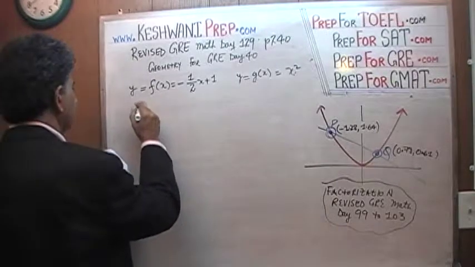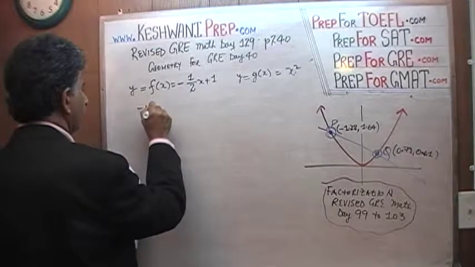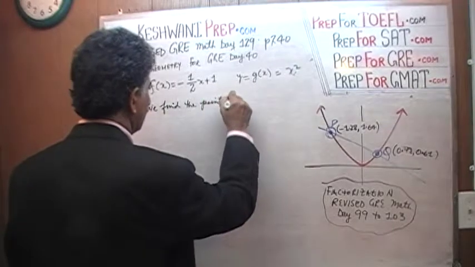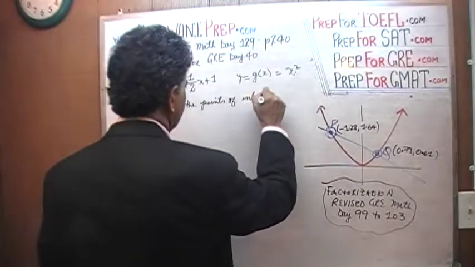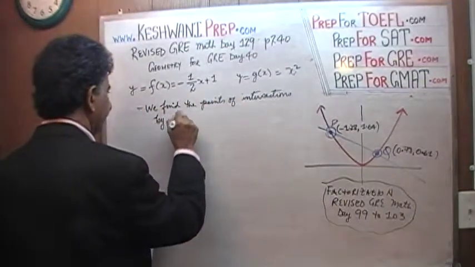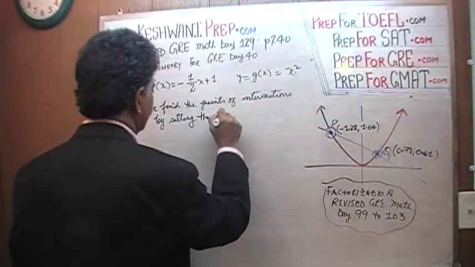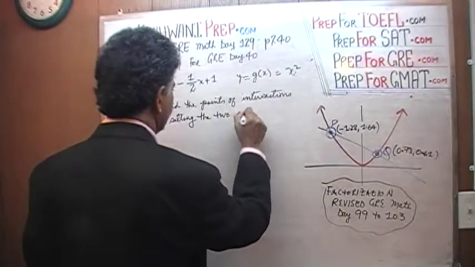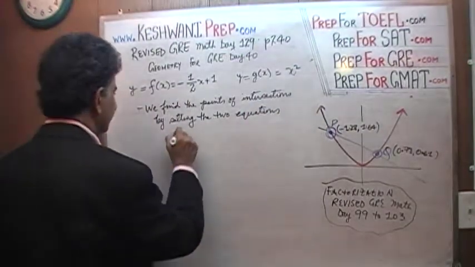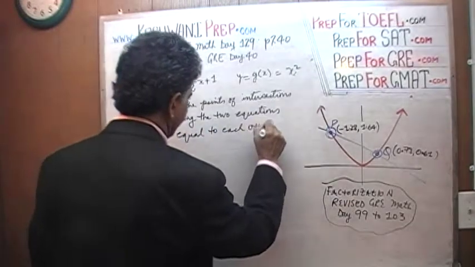We find the points of intersection by setting the two equations equal to each other.